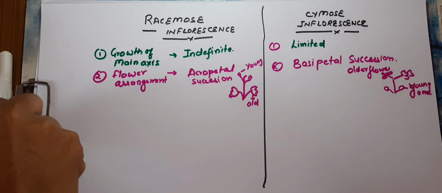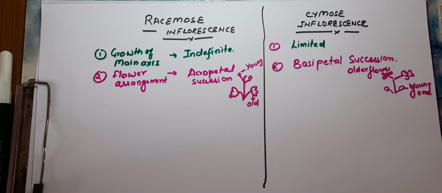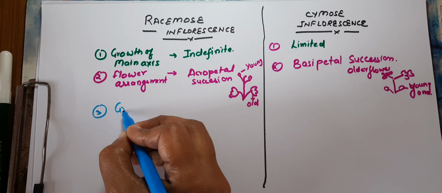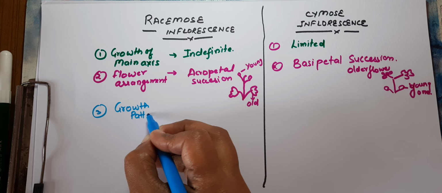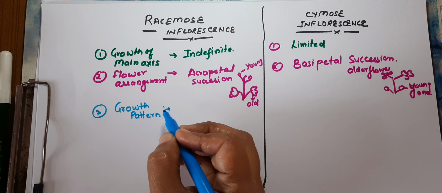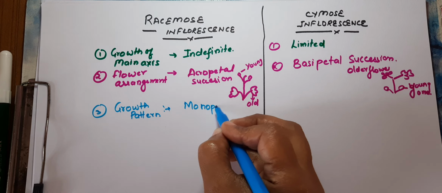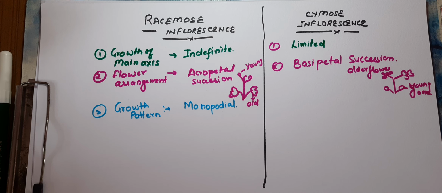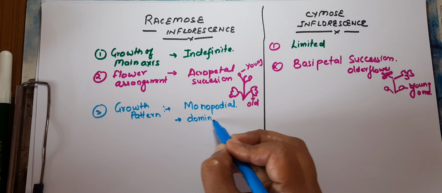The third difference is in terms of the growth pattern. The growth pattern in the Racemose is monopodial. So what does it mean? Monopodial means the main axis will remain dominant, so there will be a dominant main axis.